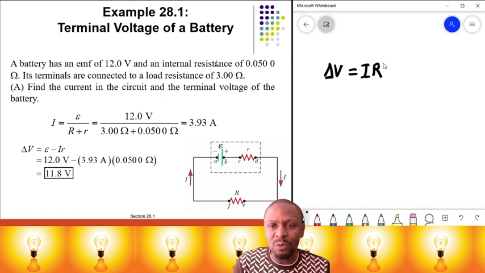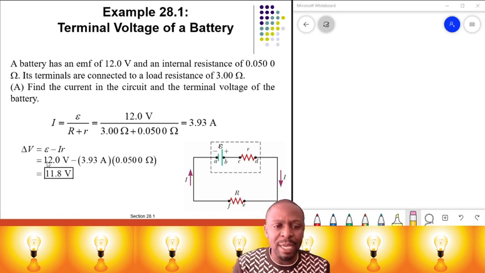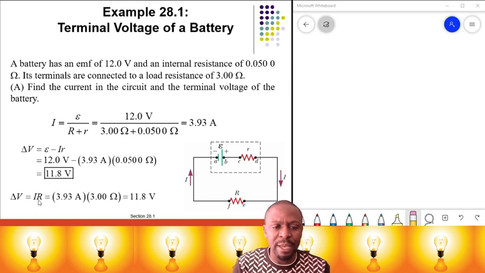If you do this, you will get the same value that you already obtained from that equation for the change in V. So you can see that the change in V can also be related to the load resistance.